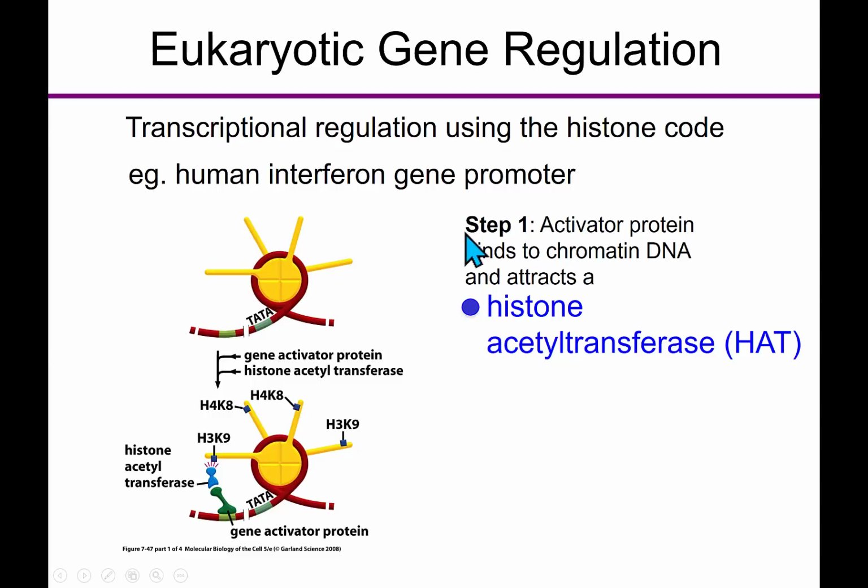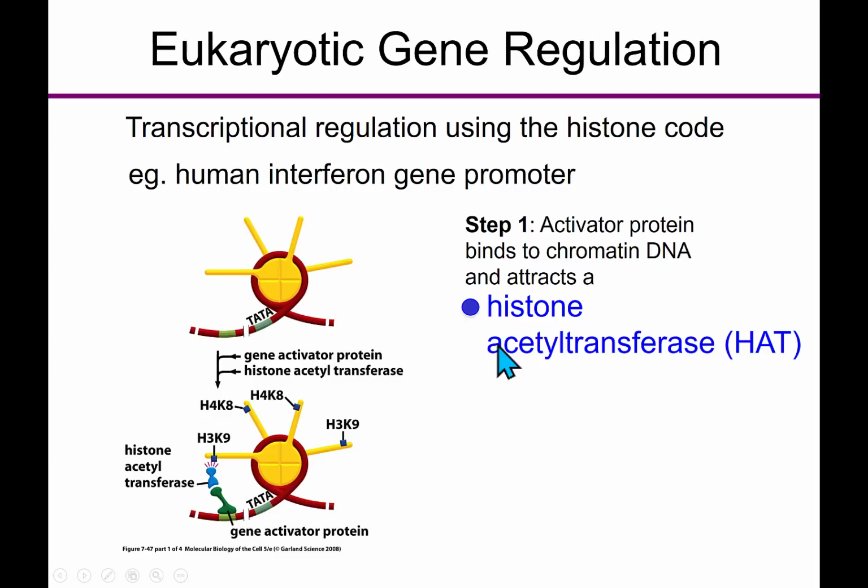They show you a number of different steps. Don't forget, you cannot skip steps. One step has to occur before you get the next step, okay? So you cannot skip steps. So in step number 1, it says an activator protein binds to chromatin DNA and attracts a histone acetyltransferase. Notice the short form for histone acetyltransferase is a HAT.